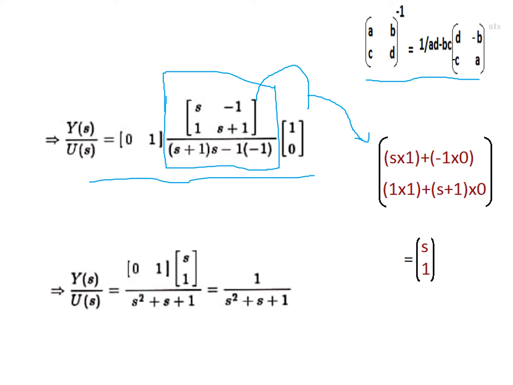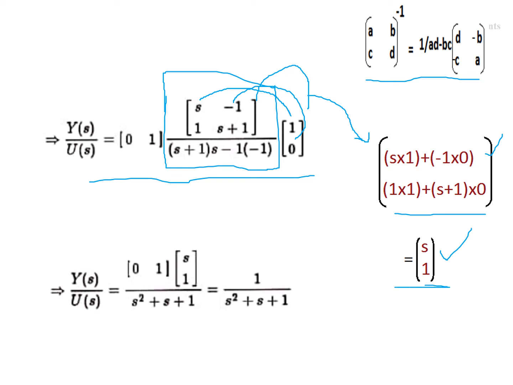I think everyone knows multiplication of matrices. That is this element into this element, S into 1 plus minus 1 into 0, and similarly 1 into 1 plus (s plus 1) into 0. Simplifying, we get the matrix [s; 1].